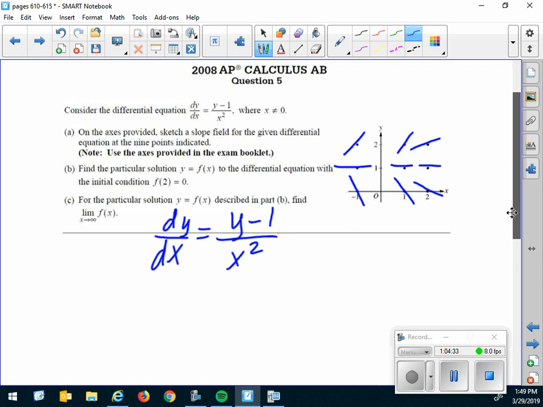Part B, find the particular solution to the differential equation with this initial condition. I'm going to leave you to do that. I'm going to do it here, you do it, and we'll see if we can get the same thing, and you just have to make sure I don't make a dumb mistake again. We've done this one too.